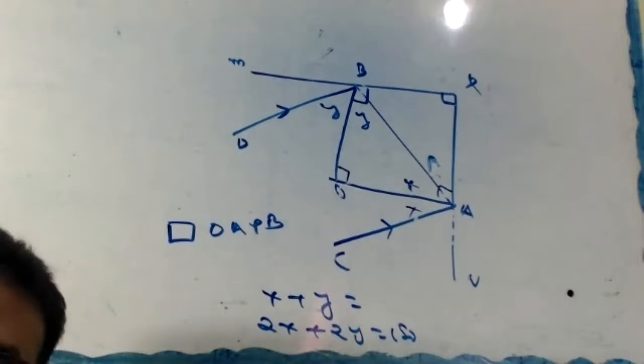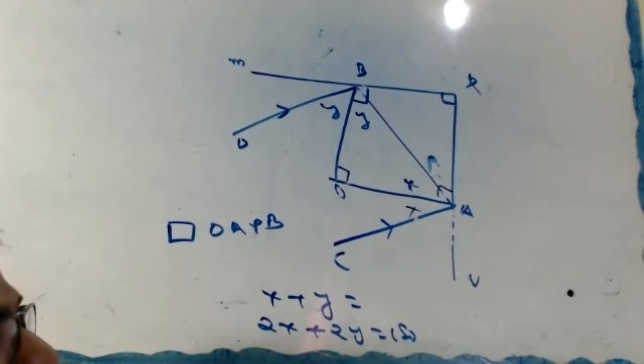Okay, clear now? Then next line, 2x plus 2y equal to 180 degrees. Just multiply by 2.